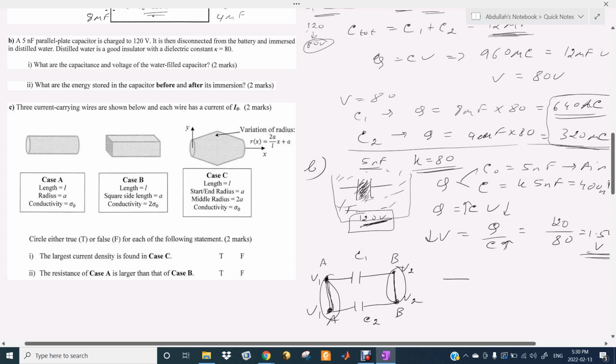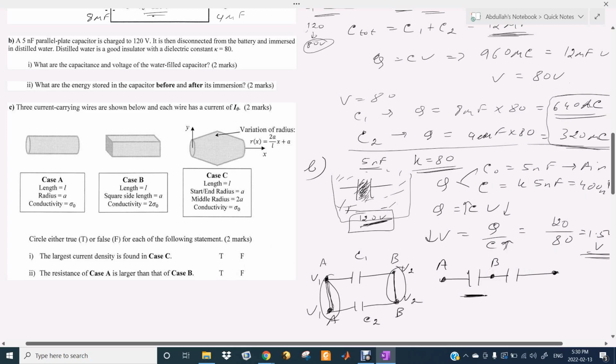But what happens in a series? Let's consider this one. Now you see, I have one node, but there is a capacitance. So definitely the voltage VA is not equal to VB.